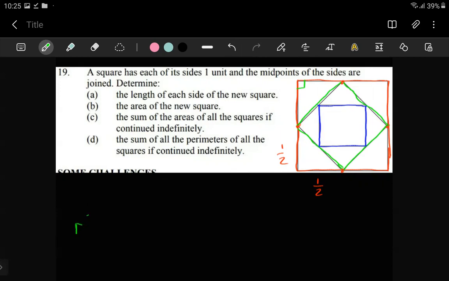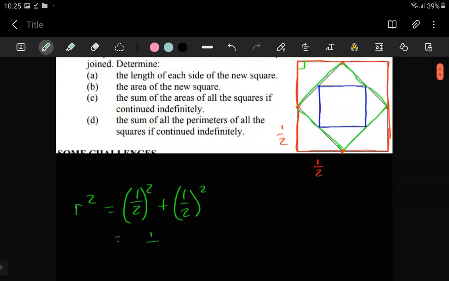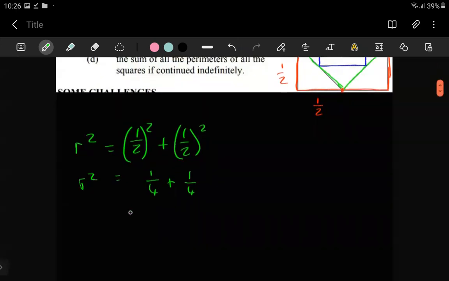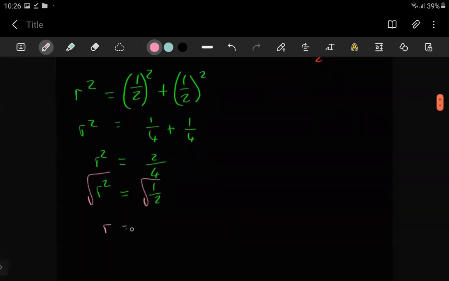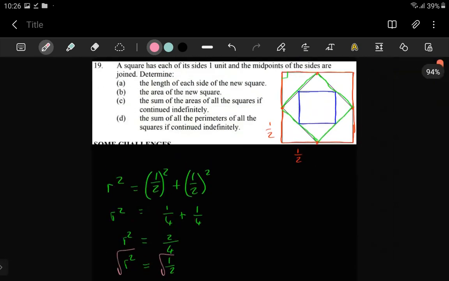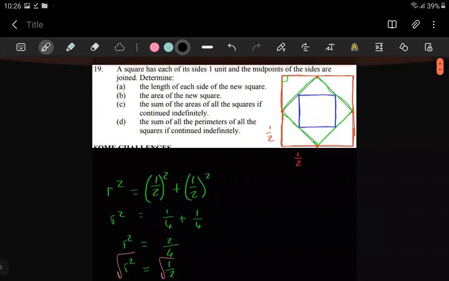So let's say r squared is equal to a half squared plus a half squared. This is going to be equal to a quarter plus a quarter, which gives 2 quarters, which is a half. Then you square root both sides, and r is 1 over square root of 2, which is giving us this length here.